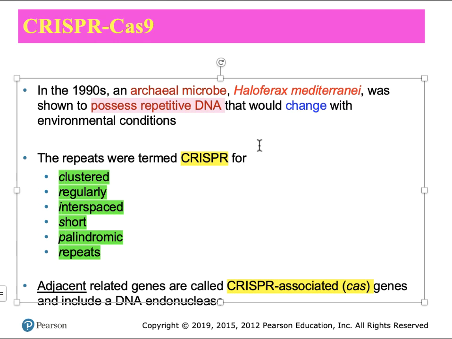And this region of the chromosome was termed CRISPR, and that stands for clustered, regularly interspersed, short palindromic repeats. So you break it down from the back. Palindromic means a word spelled the same forwards and backwards. So a piece of DNA that could spell the same forwards and backwards is called a palindrome.